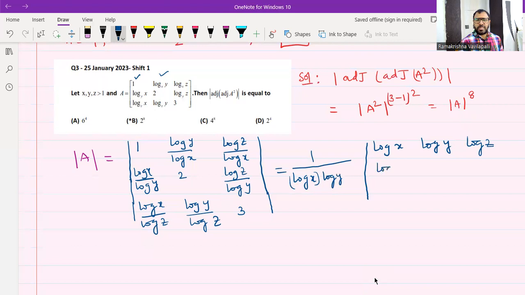Then you will get log x, 2 log y, and log z. Now for the third row, you multiply with log z. When you are multiplying something inside for a row or a column, you must divide outside. So here you will have log x, log y, and 3 log z.